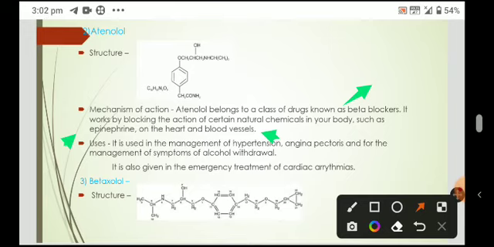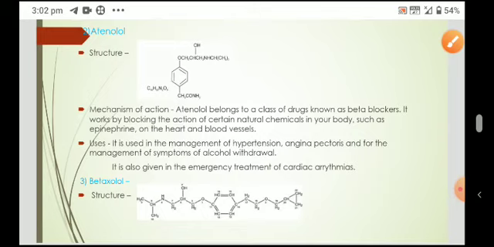It is used in the management of hypertension, angina pectoris, and the symptoms of alcohol withdrawal, meaning patients who wish to stop alcohol consumption, at that time atenolol is preferred. Again, it is given in the emergency treatment of cardiac arrhythmia.